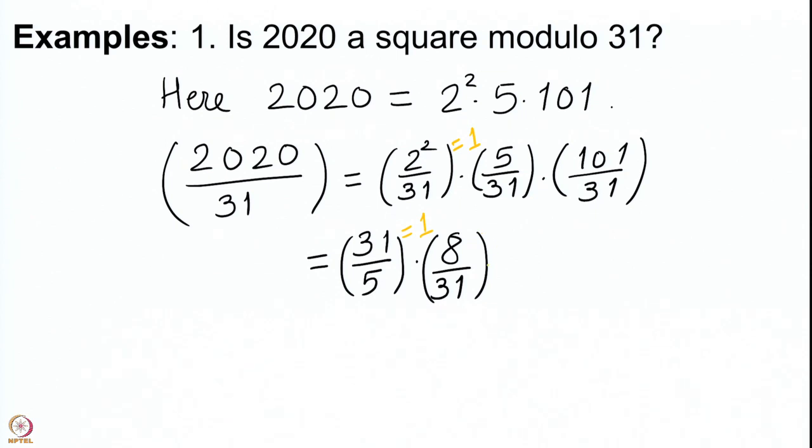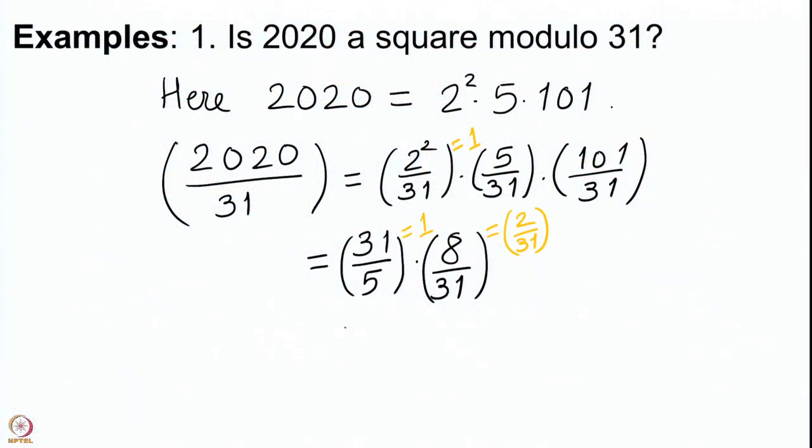Here 8 is equal to 4 into 2. So, this Legendre symbol is simply 2 by 31. The 4 that you have in the factorization of 8 can be ignored because it is a square. So, the final computation that we need to do is this 2 by 31. We use the second law in the quadratic reciprocity law to get this to be minus 1 to the power (p square minus 1) by 8.